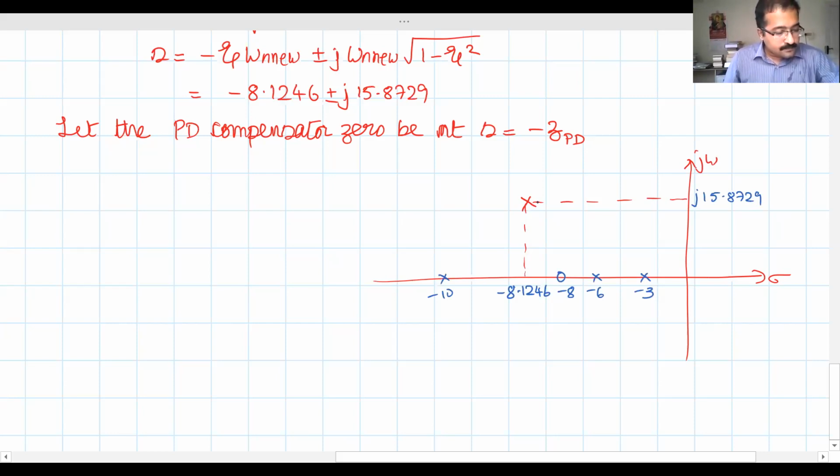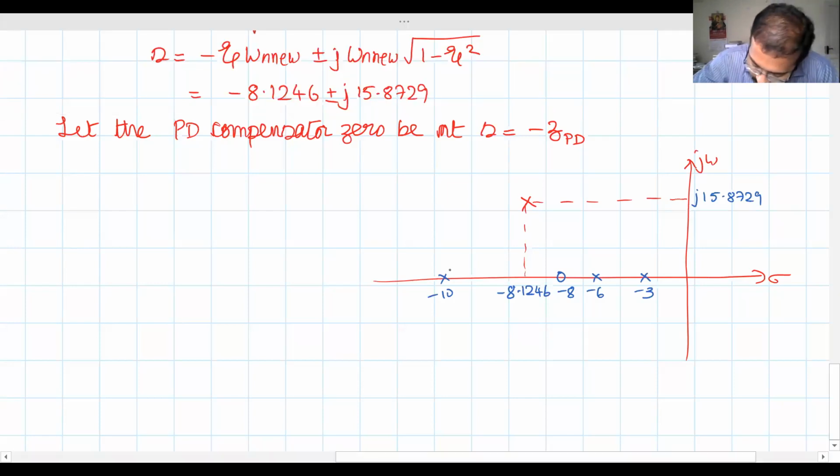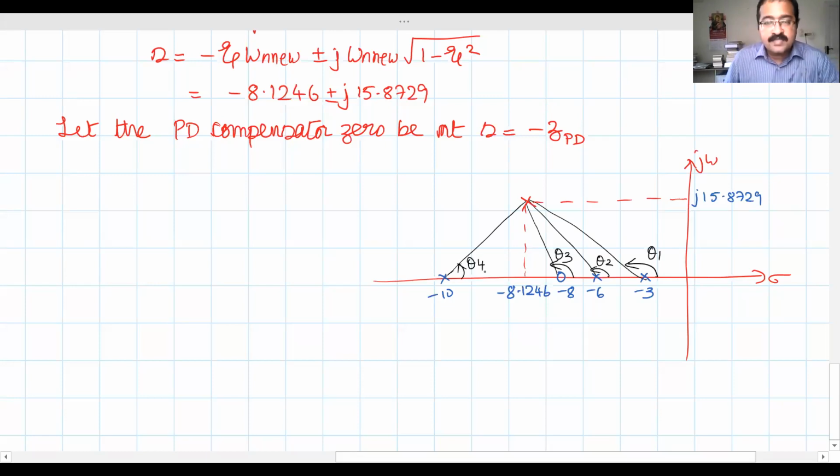Okay. Fine. Now we need to calculate what is the net angle at the desired dominant pole. Right. So you join all other poles and zeros with this particular dominant pole. Now we have to calculate theta 1, theta 2, theta 3, and theta 4. Okay, all values are known, right?